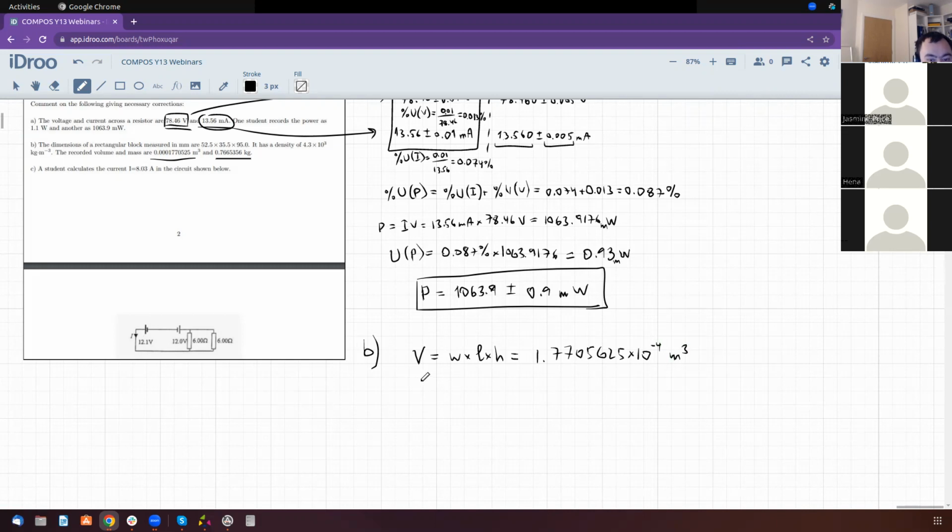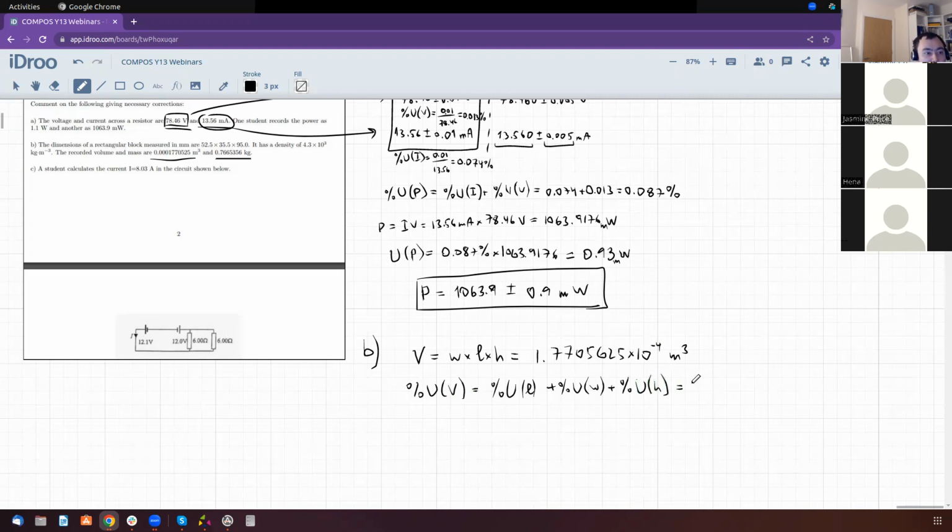And the uncertainty, so the percentage uncertainty for volume is the percentage uncertainty for length plus the percentage uncertainty for width plus the percentage uncertainty for height.